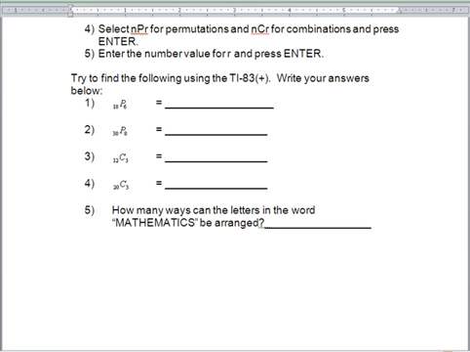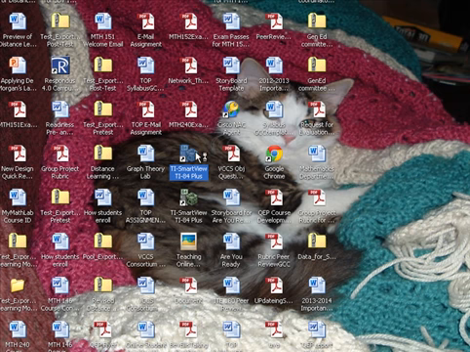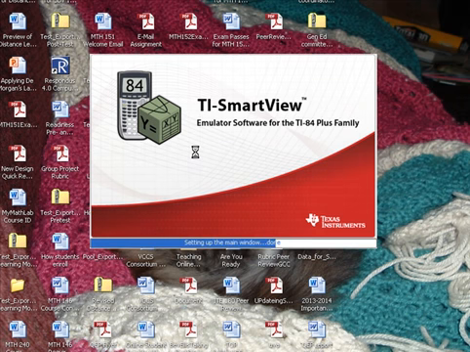Okay, I'm assuming that you have done these, and what I want to do right now is go ahead and open up my calculator simulator so that we can do this with the calculator simulator this time, so you can actually see the keystrokes that I'll be using. And from now on, I think you'll find the TI-83/84 Plus, whichever one you're using, is almost a lifesaver.